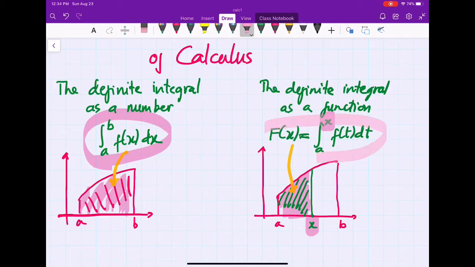In this case, the definite integral is a function depending on x. And of course, F of b should be equal to the area of the region on the whole interval. Agree? So this is another point of view on the definite integral.